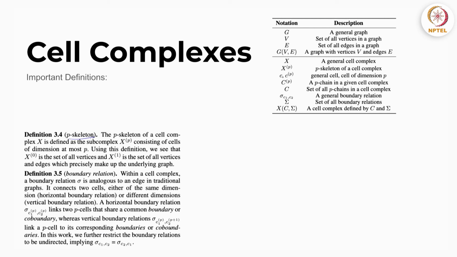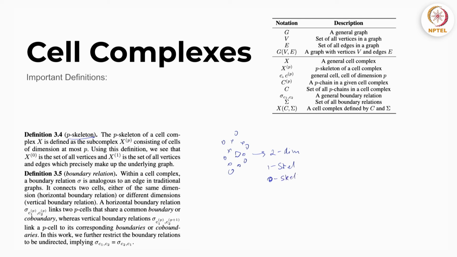Next, we have the P skeleton. If you have the hexagon again, we have 0 cells, 1 cells, and the 2 cell or the face. The P skeleton of a cell complex is the subcomplex which consists of cells of dimension at most P. Since here the max dimension is 2, we can construct a 1 skeleton and a 0 skeleton out of this cell complex.